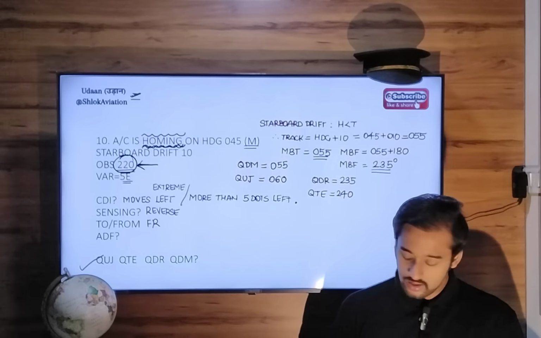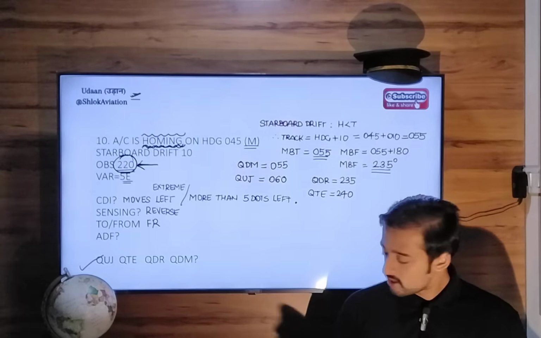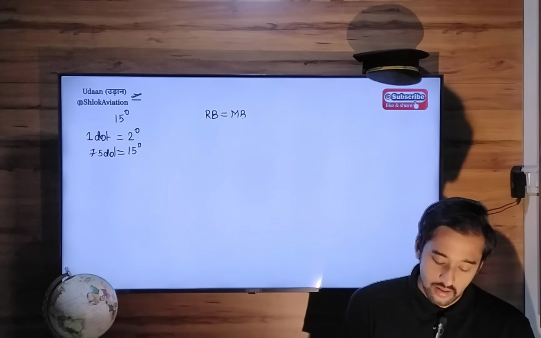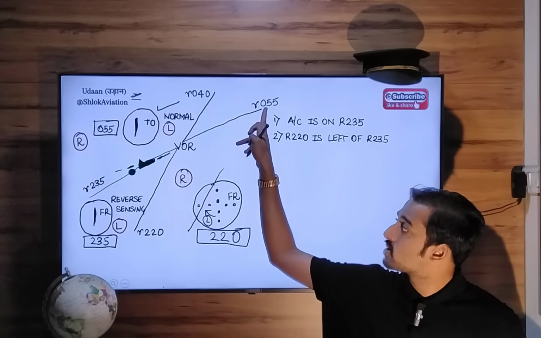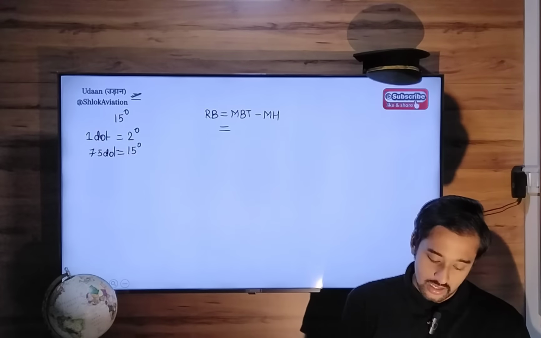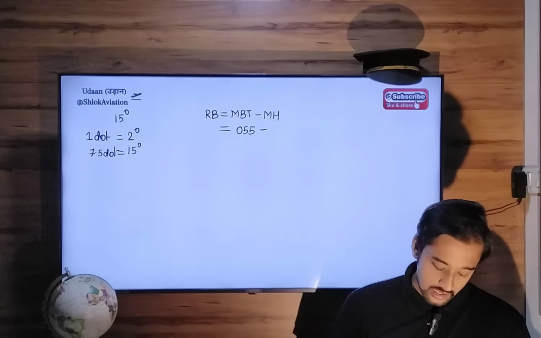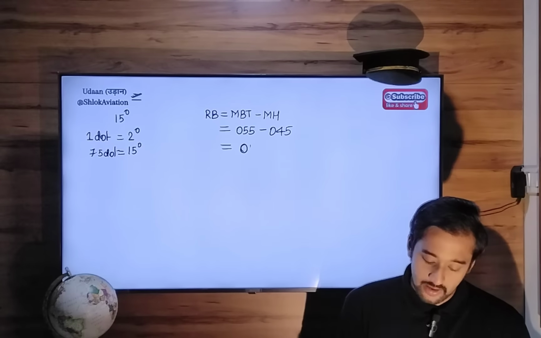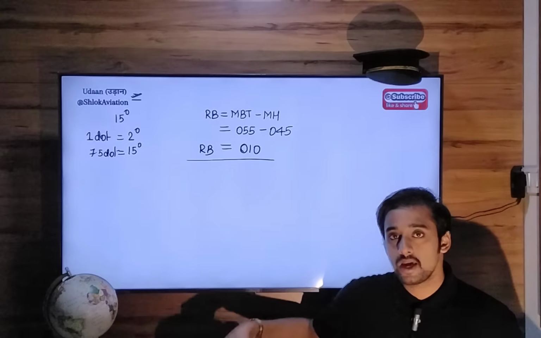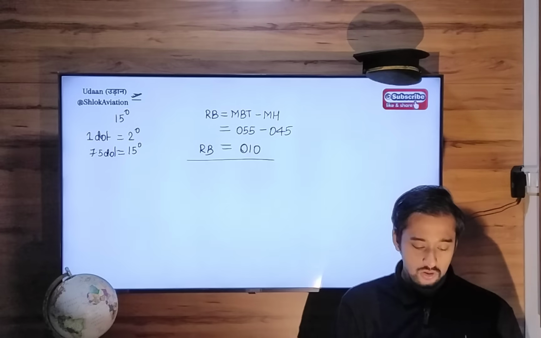ADF, now what will ADF show? The formula for ADF is magnetic bearing to the station minus magnetic heading. So currently your magnetic bearing to the station is 055, heading is 045, relative bearing will be 010.